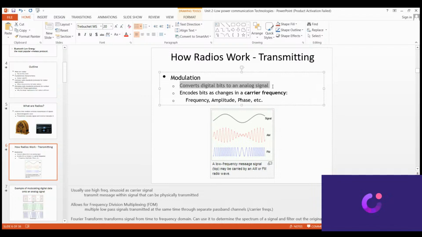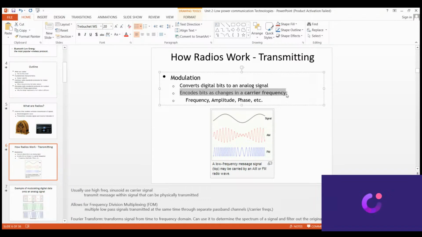These digital bits are transmitted in the form of zeros and ones, and depending on the media being used, these have to be converted into an analog signal. The encoded bits will have changes in what we call the carrier frequency as they traverse the transmission media.